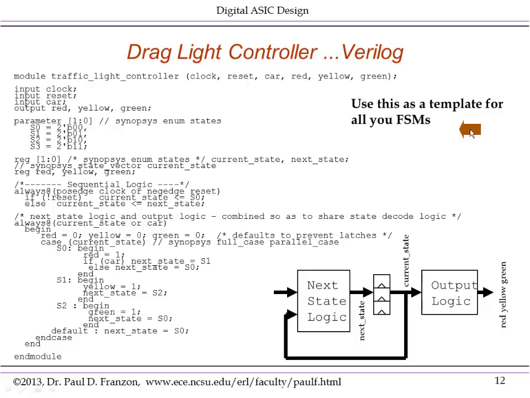So what I suggest you do is use this as a template for all your finite state machines. Right? You're going to have case S0, S1, S2, and so on. You're going to have parameter S0, S1, S2, and so on, identifying the state encoding. You're going to have a current state and next state. You have your next state assignment. And then one state at a time, you write out what's going on.